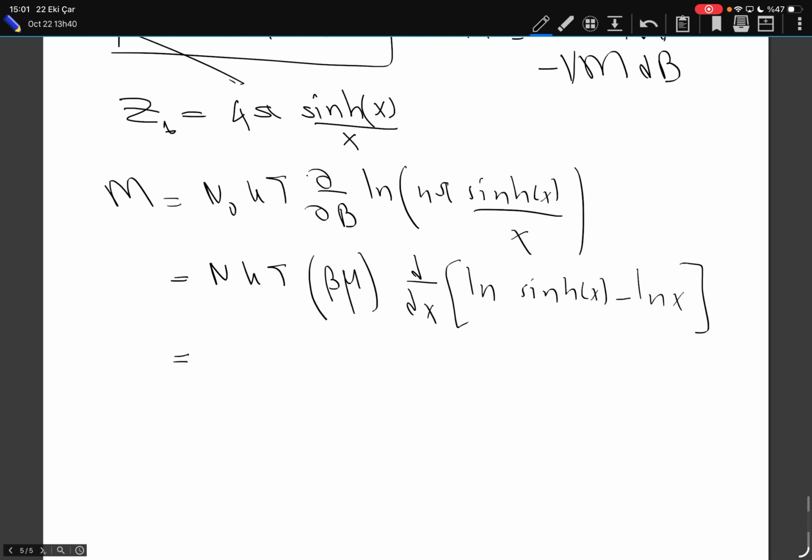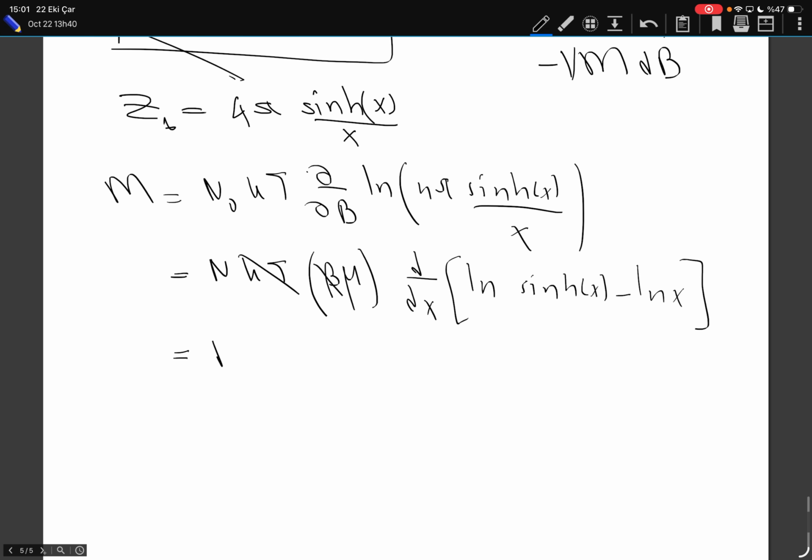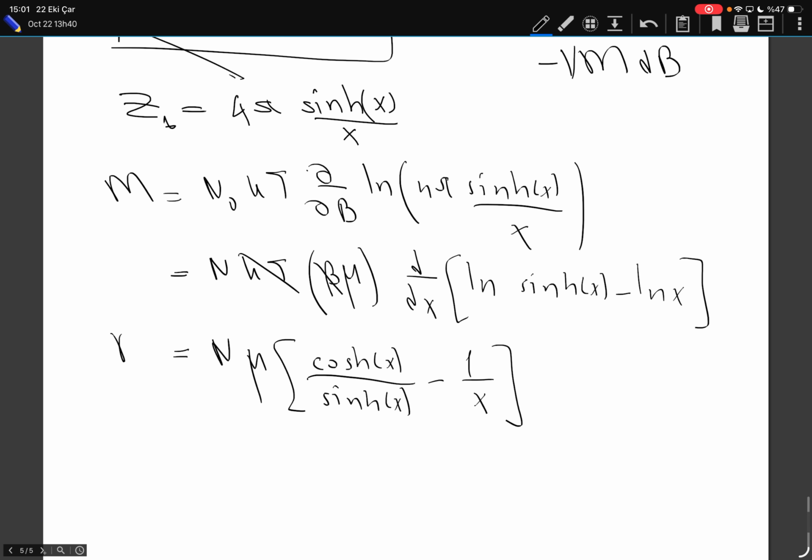Well, this is in fact what we had done most of it. N times mu times cosh x divided by sinh x minus 1 over x. This is my magnetization of the system. Number density multiplied by the magnetic dipole moment of each one of those magnetic dipoles multiplied by this function.